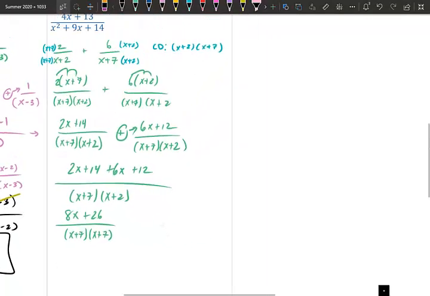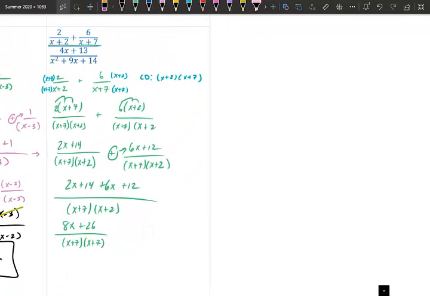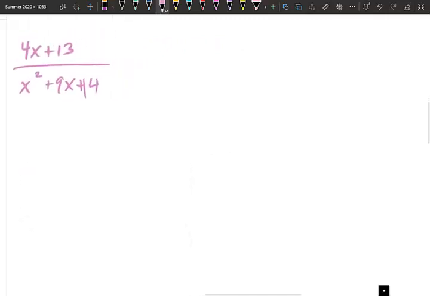So that's our denominator. So now we have what the top simplifies to. Now let's simplify the bottom. All right, so the bottom, we bring it out.